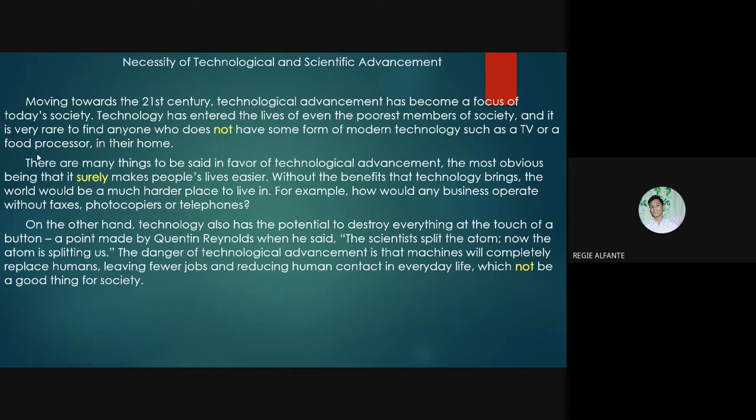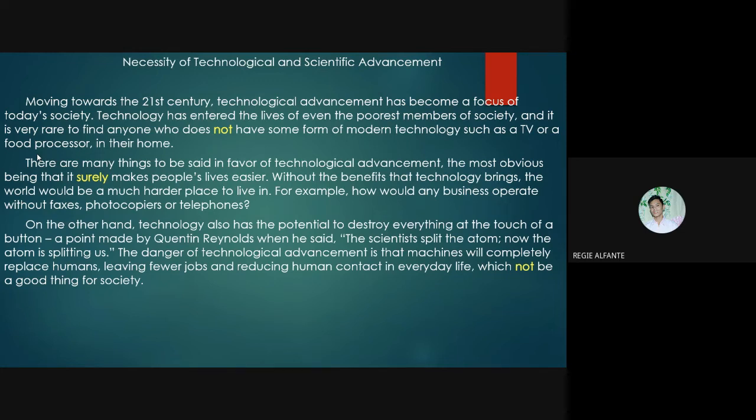Technology has entered the lives of even the poorest members of society, and it is very rare to find anyone who does not have some form of modern technology such as a TV or food processor in their home. So "not" negates that the people do not use technology. It means that people, even the poorest members of society, use technology.